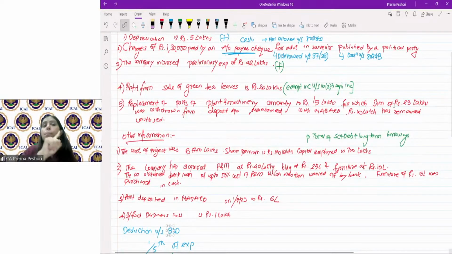So that's a double benefit that you are trying to get. So 33AB is very clear: the amount withdrawn from the account for expenditure, deduction of that expenditure will not be allowed.